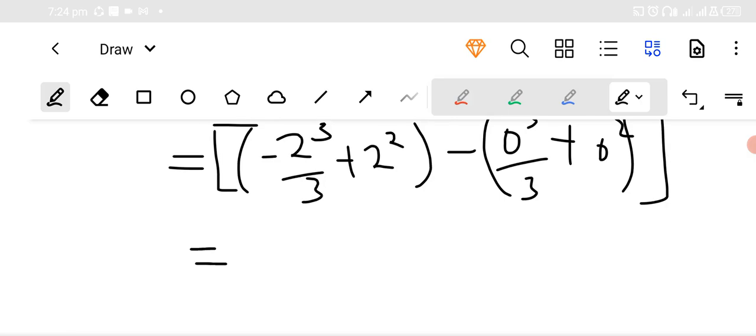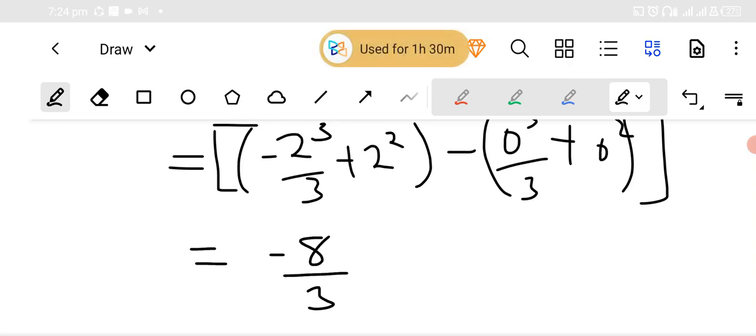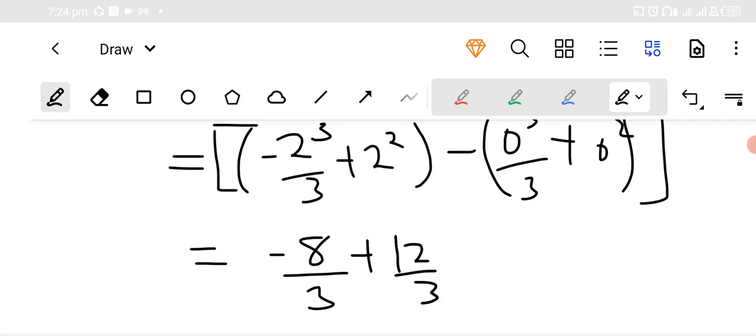It is equal to negative 2 cubed, negative 8 divided by 3. Then 2 squared is 4, 4 times 3 is 12. So plus 12 over 3.